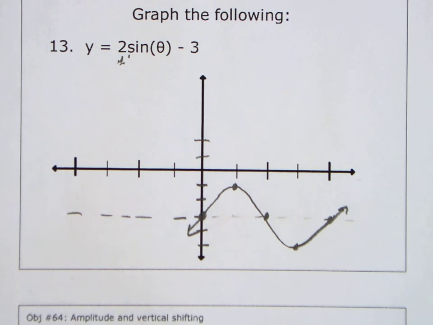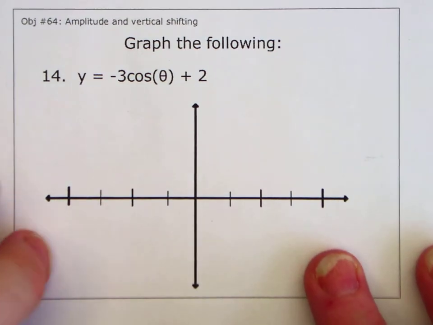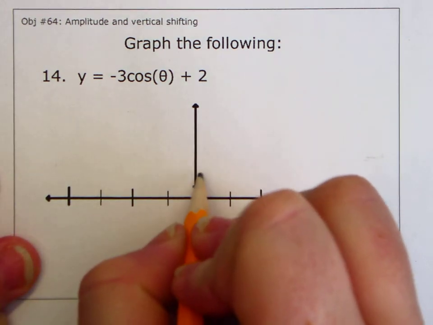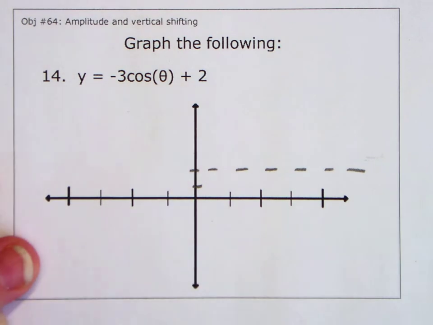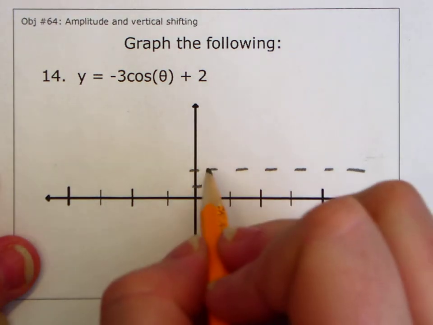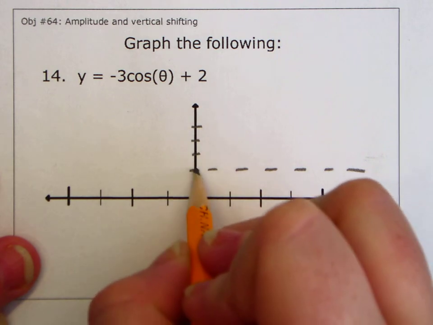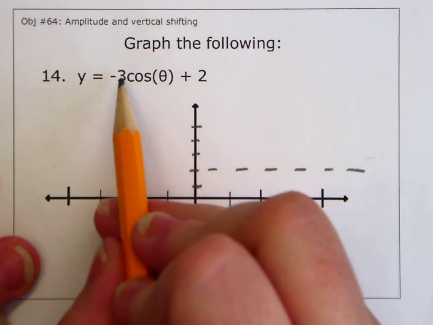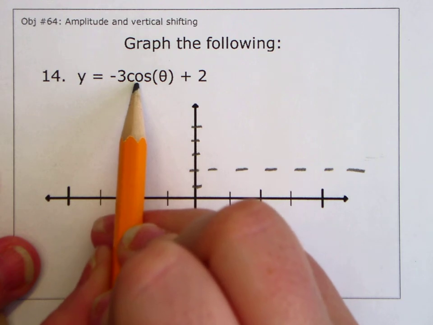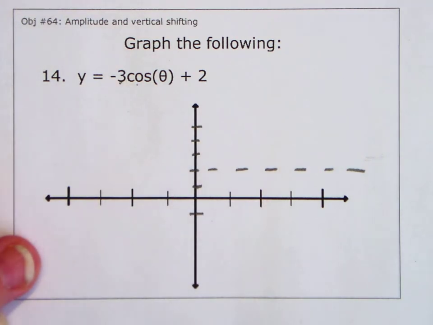All right, last one. Pause the video and try it on your own. Start with a dotted line, 1, 2. What's my amplitude? 3. So I need to be able to go up 3, 1, 2, 3, and down 3, 1, 2, 3. Where does cosine start? It starts at 1, but here it's going to be minus 3 from the dotted line.